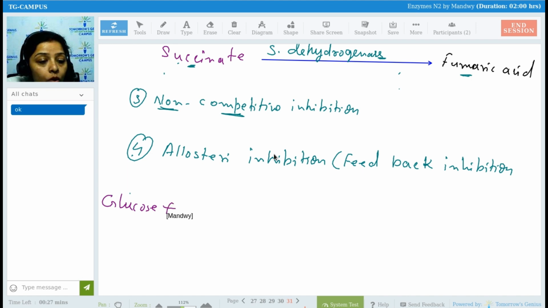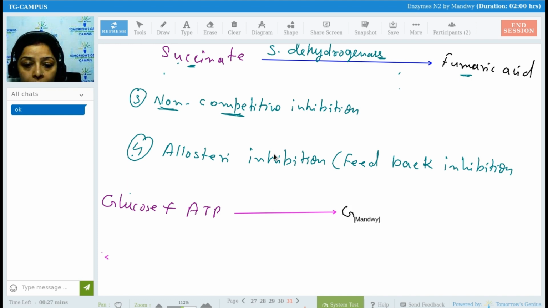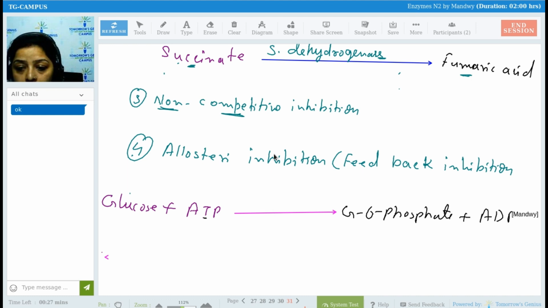Glucose in the presence of ATP will form glucose 6 phosphate, plus ADP, because one of the phosphates will come and bind to this glucose.